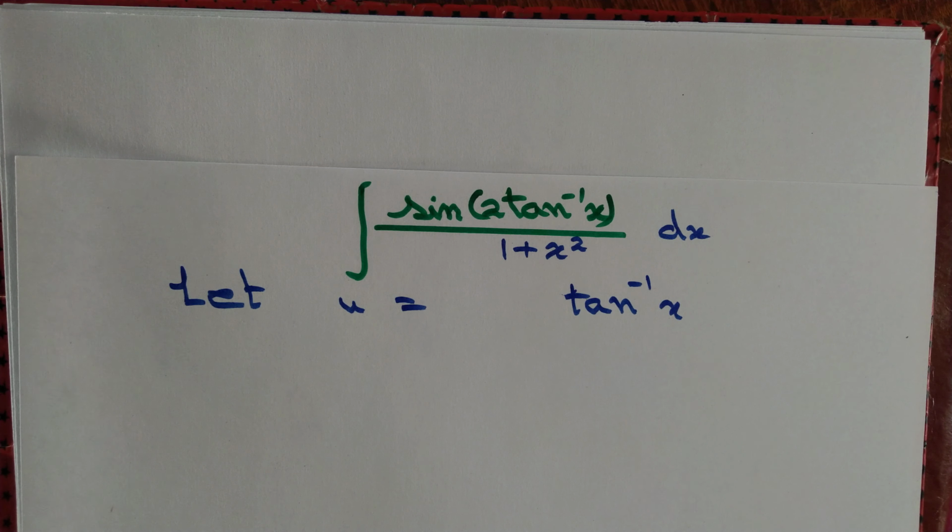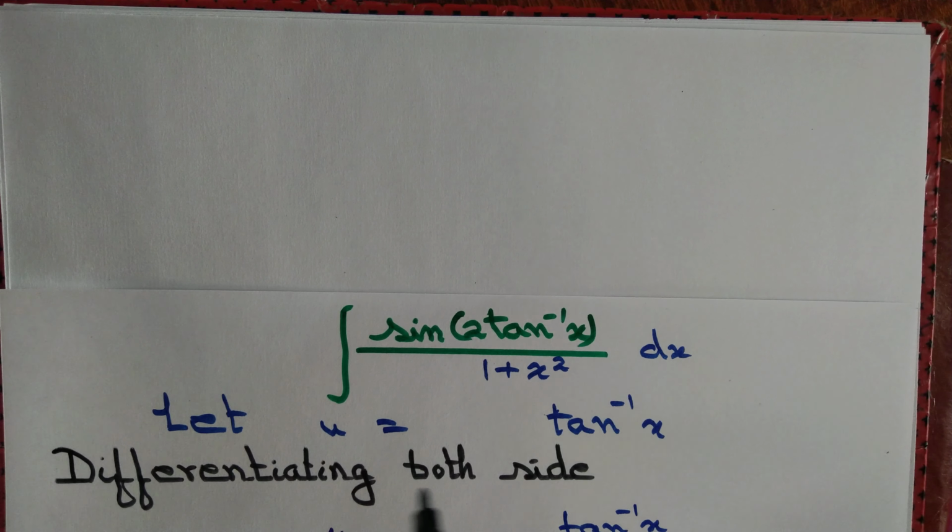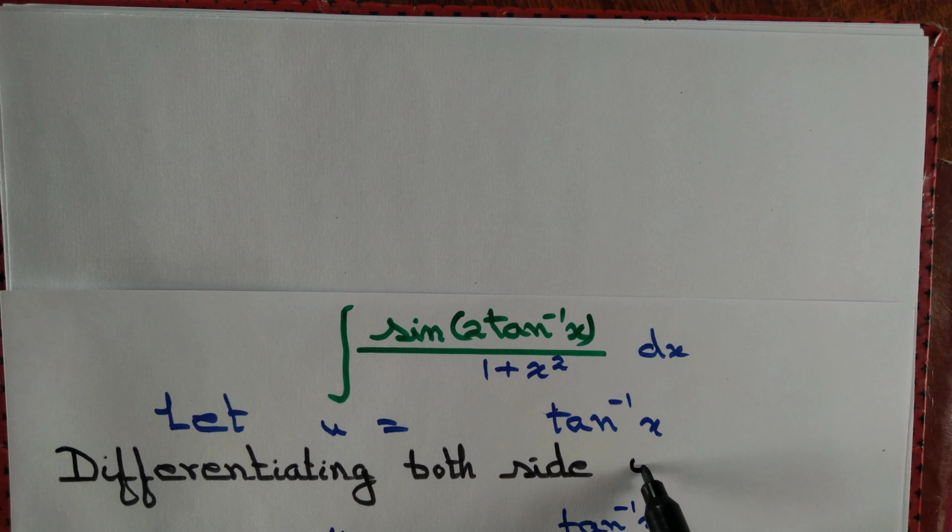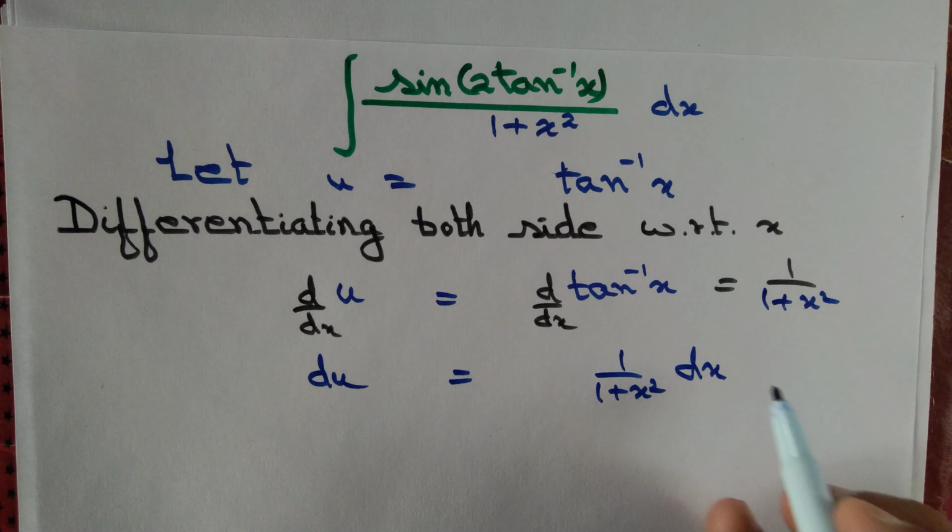So differentiating both sides with respect to x, we got u equal to tan inverse of x. So d dx of u equal to d dx of tan inverse of x, and that's equal to 1 by 1 plus x square.